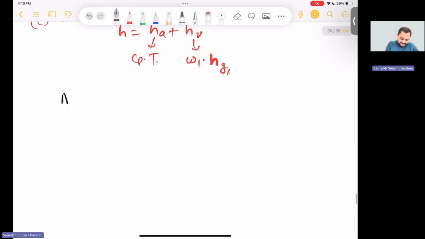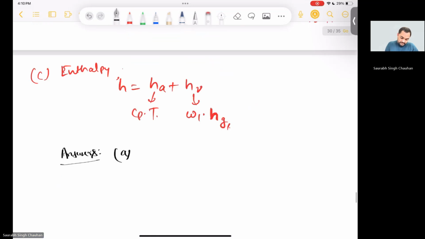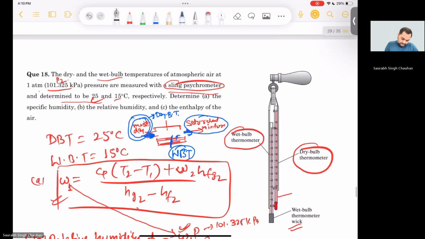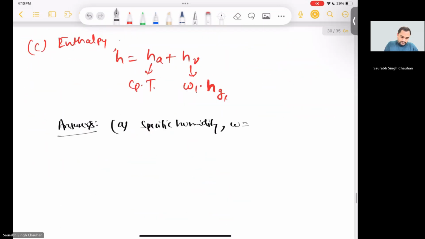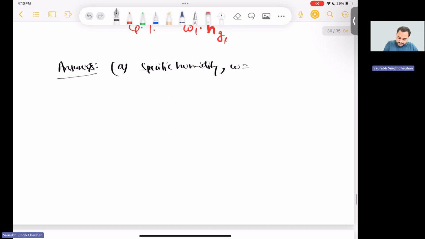I will write the answers so that you can calculate and check if you are getting the correct values. Specific humidity is 0.00653 kg H2O per kg of dry air.